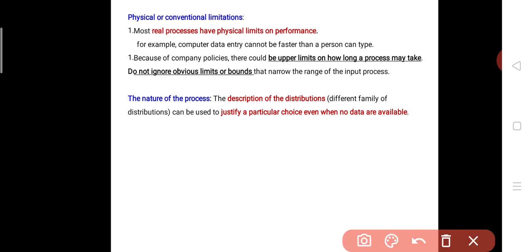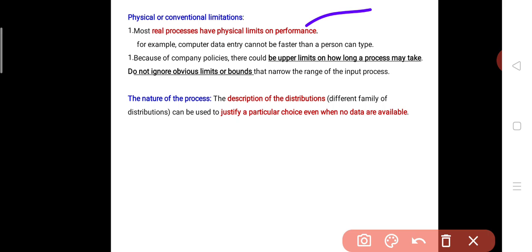And next is physical or conventional limitations. Most real processes have physical limitations on performance. Physical limitations mean upper limits on how long a process may take. For example, computer data entry cannot be faster than the person can type.